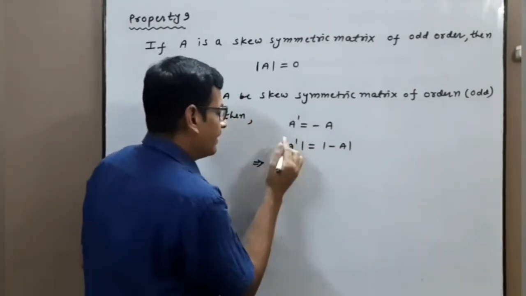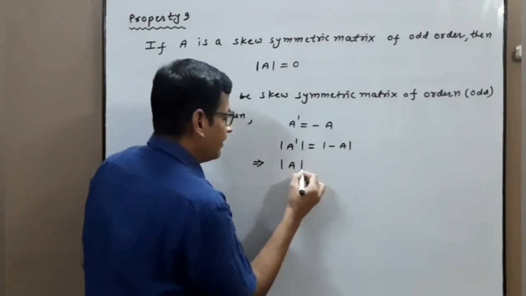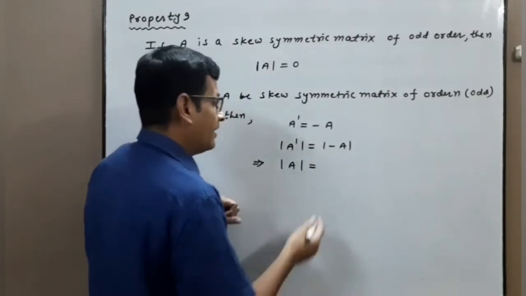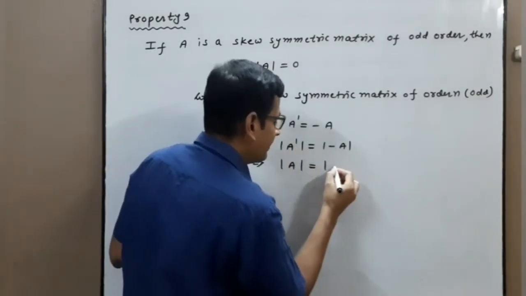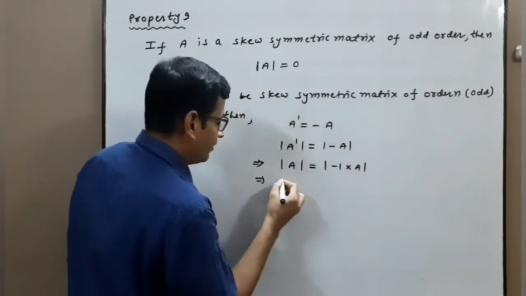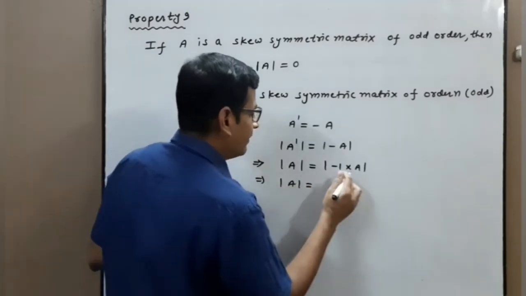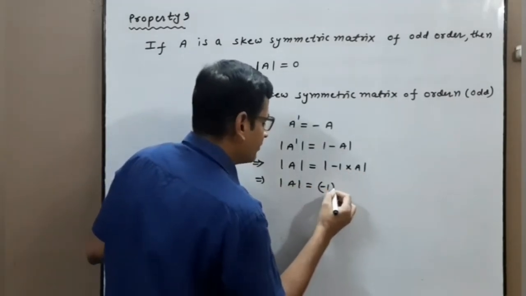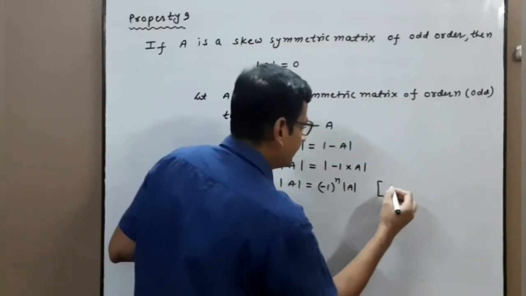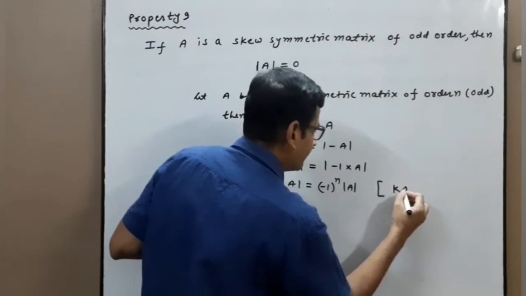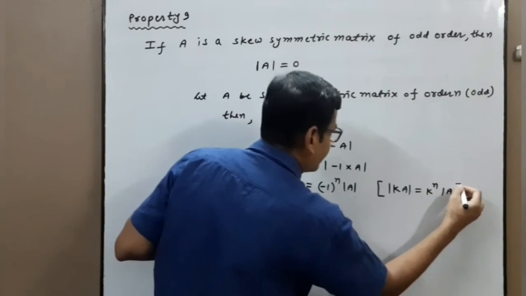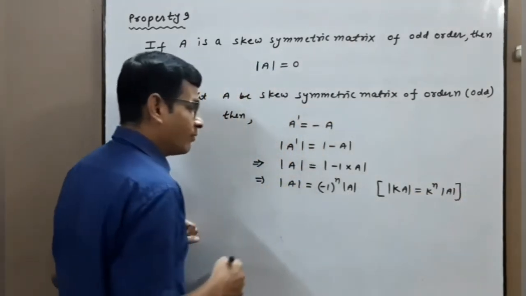The determinant of the transpose of A is equal to the determinant of A, by property 1, and the determinant of minus A we can write as the determinant of minus 1 into A. By the previous property, the determinant of kA is k raised to the power n into the determinant of A, because A is a square matrix of order n.